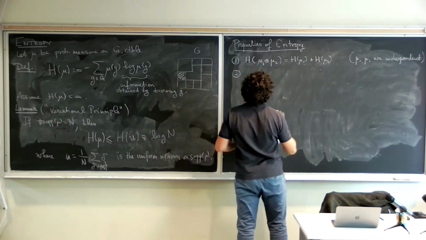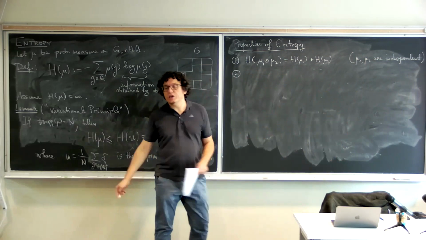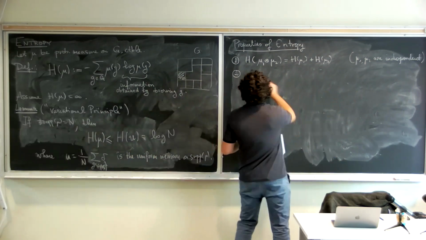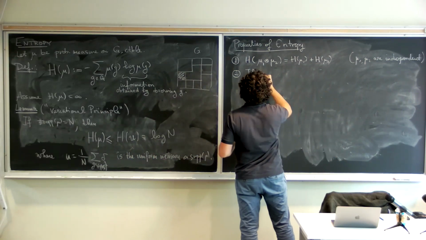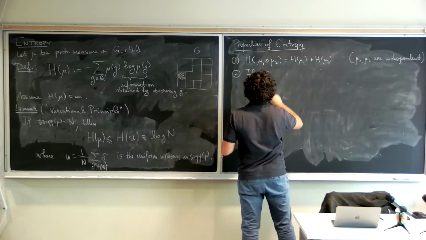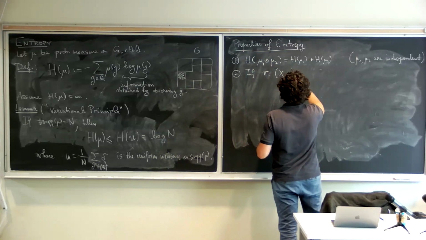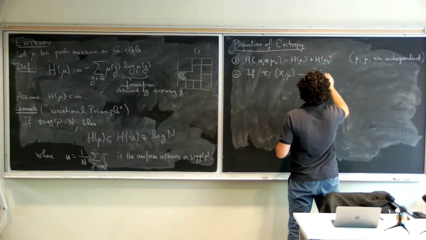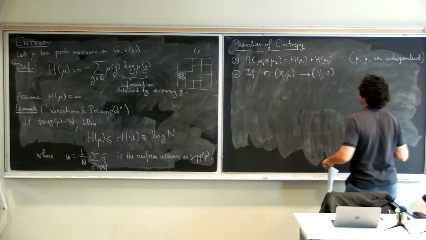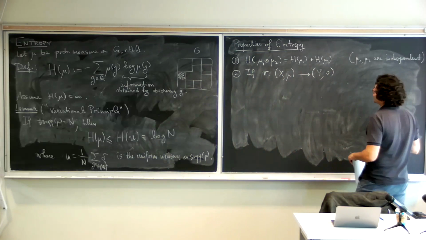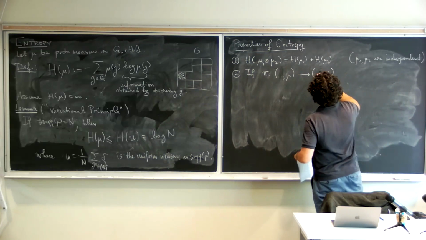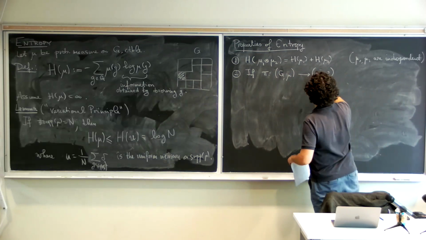The second is that under projections, the entropy can only go down. So if you have a map pi from (X, mu) to (Y, nu), or maybe, let's call them G and H, since we call them groups.